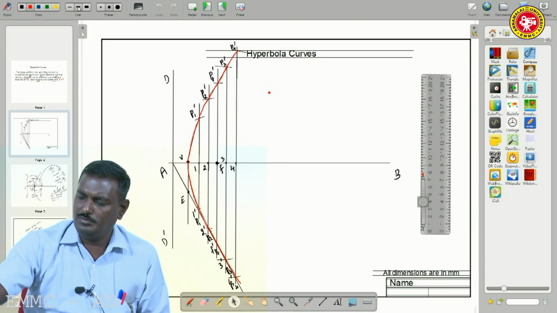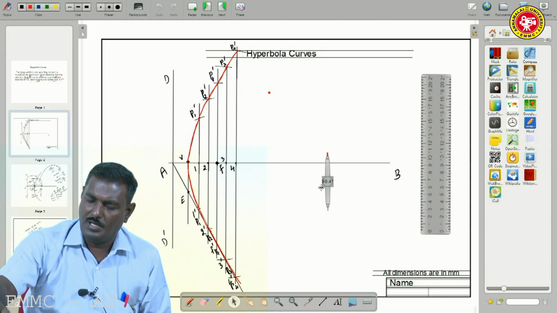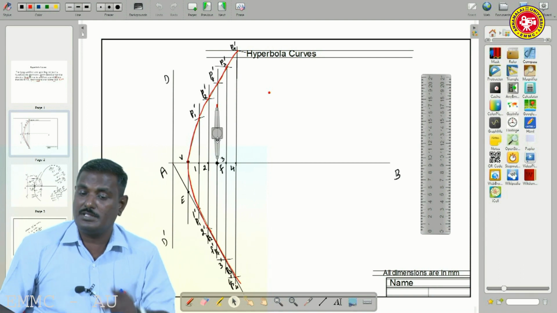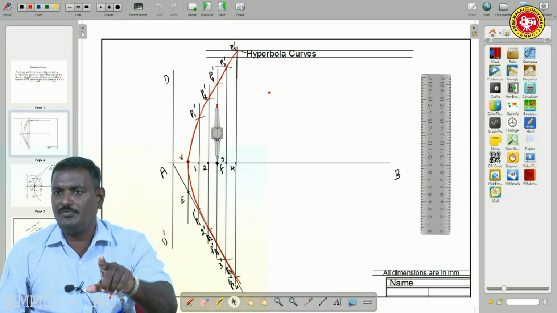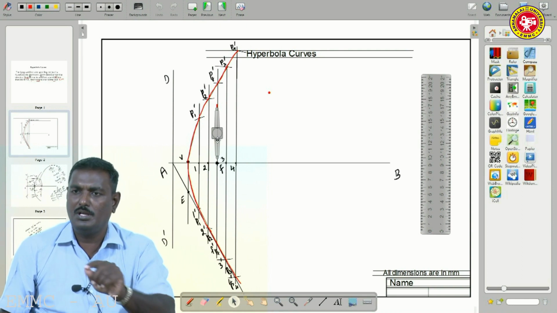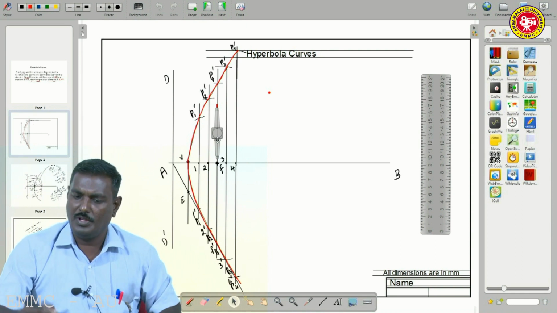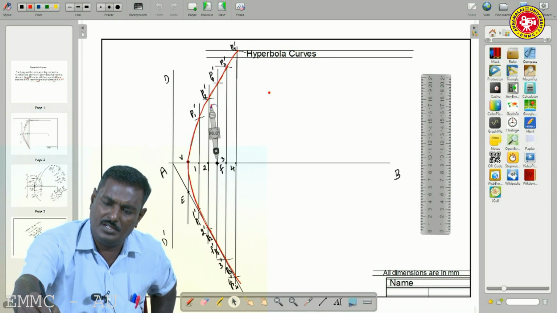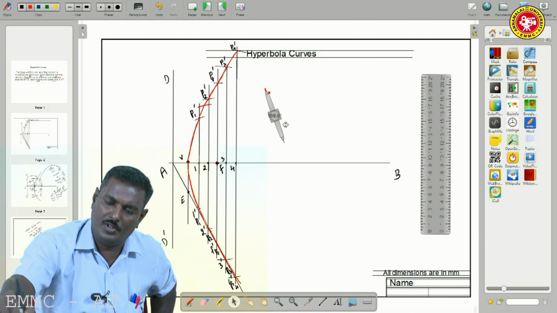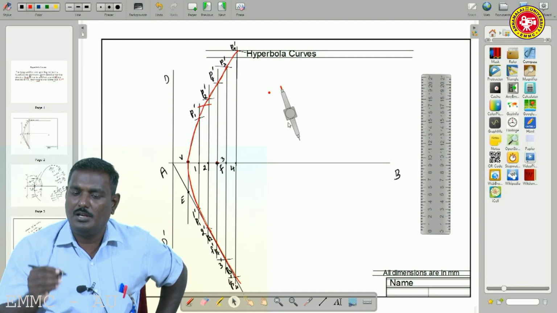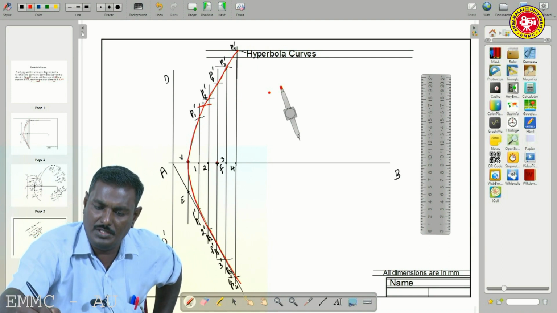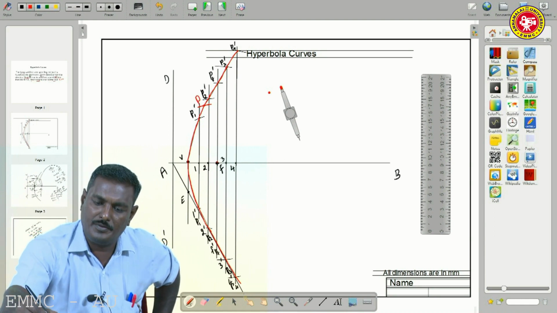So F is the center, because from the focus only, it is given in the problem, 80 mm from the focus. So then we construct an intersect. It is the intersect, that is capital P, point P.